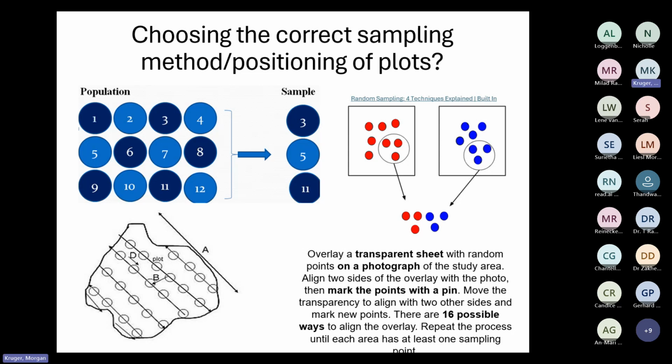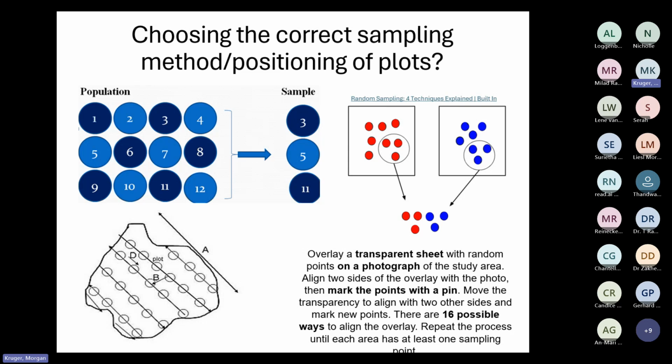Then there at the bottom, I just have some text for stratified sampling. You can basically use an aerial image in GIS. You can print it out and you can overlay a transparency sheet with random points on that sheet over the photograph of the study area. You then align two sides of this transparency overlay with the photo and mark the points on your photo with a pin.